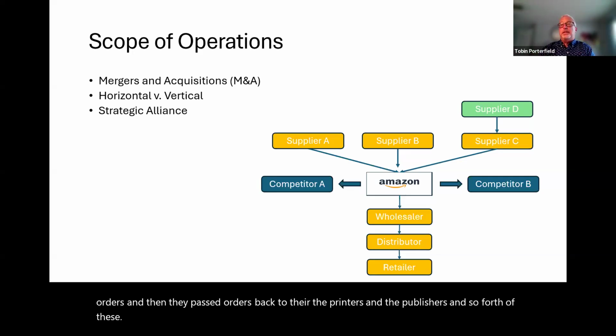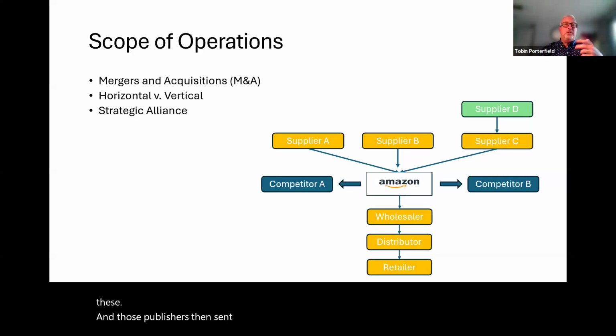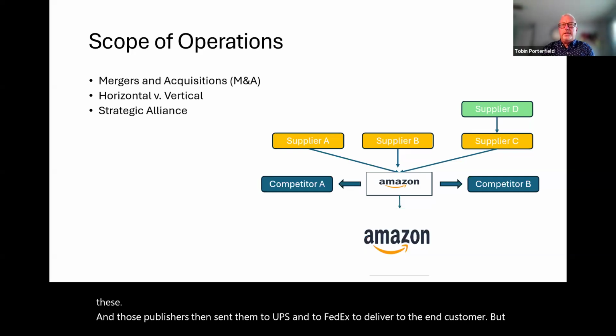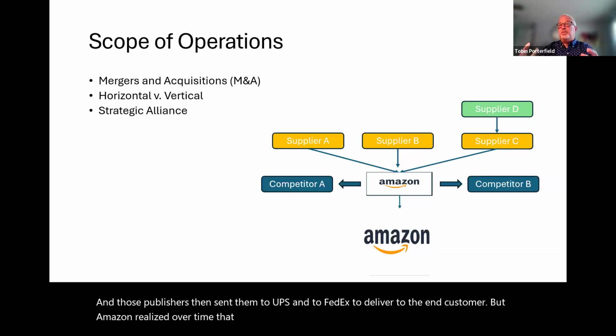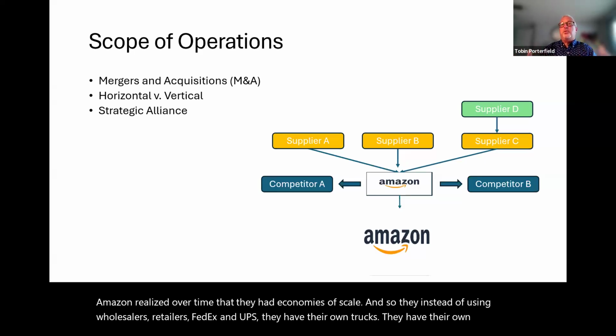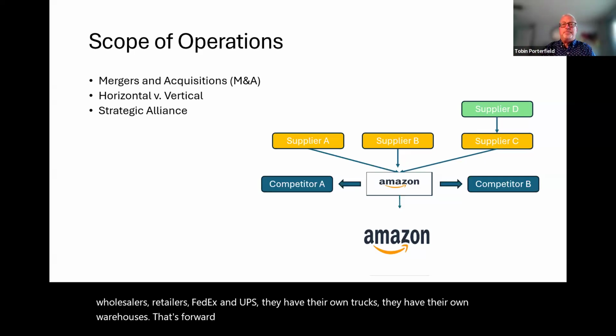And those publishers then sent them to UPS and to FedEx to deliver to the end customer. But Amazon realized over time that they had economies of scale. And so they, instead of using wholesalers, retailers, FedEx, and UPS, they have their own trucks, they have their own warehouses. And so that's forward vertical integration.